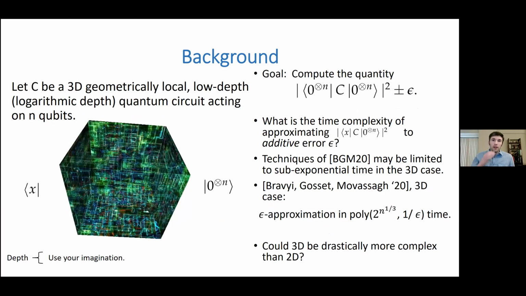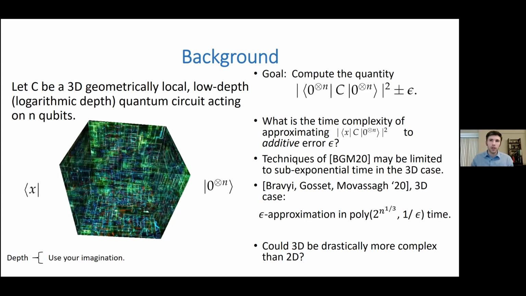Okay. But first of all, going to the 3D case, so the 1D case and 2D case are solved. The 3D case is interesting primarily because the Bravyi-Gosset-Movassagh techniques don't seem to extend there, at least not in polynomial time, right? So it's unclear how to use those techniques to get a polynomial time algorithm for this case, or even one that doesn't scale exponentially.